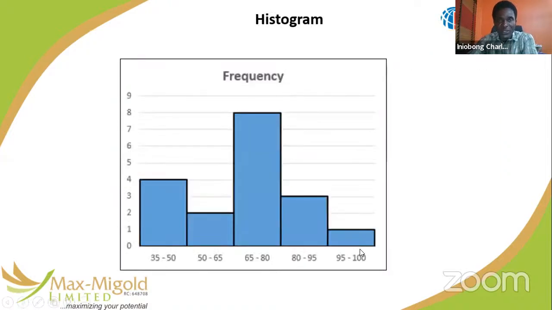So for example, the histogram, this is a chart that can help you see at a go how you are performing. For example, you want to check how your plumbing service line is performing compared to your electrical, compared to your cleaning, compared to your civil. You can put that on a histogram where you can just show this to management. Oh, plumbing, we are doing like 50%, electrical, we are doing like 70%.